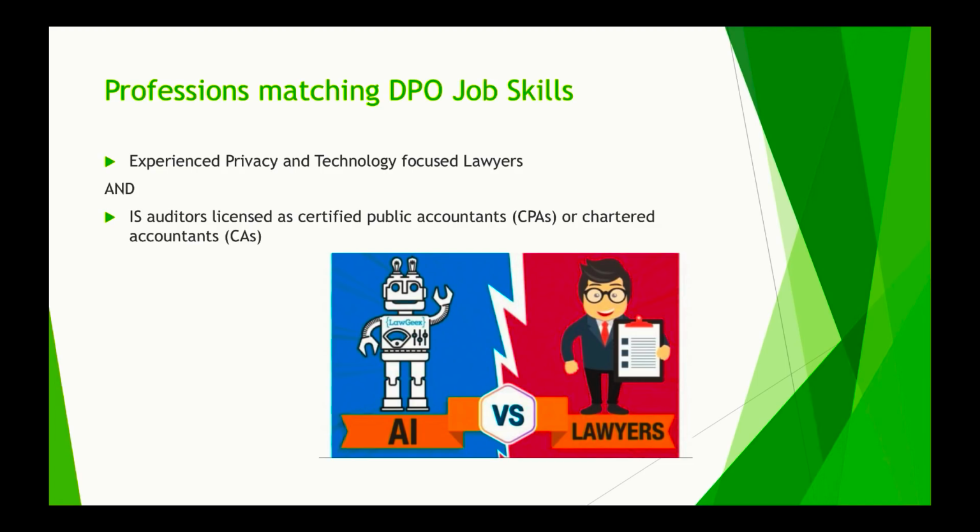Both types of professionals should be able to carry out the following aspects of the DPO role equally well: reporting directly to the highest management level, exercising the tasks of the DPO without receiving instructions, working in an independent manner, and being sensitive to not creating any conflicts of interest.